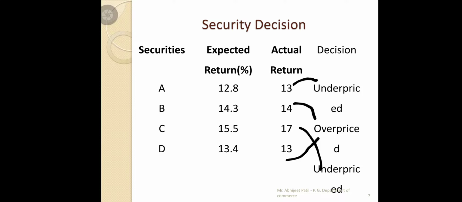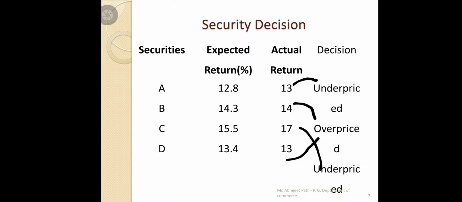You should write this as a tabular representation. How to write the tabular representation? Make it 4 columns: security column, expected returns calculated as per CAPM, actual returns, and lastly the decision column. The decision column is very much important. You should compare expected with actual. If expected is less than actual, underpriced, and if expected is more than actual, overpriced.